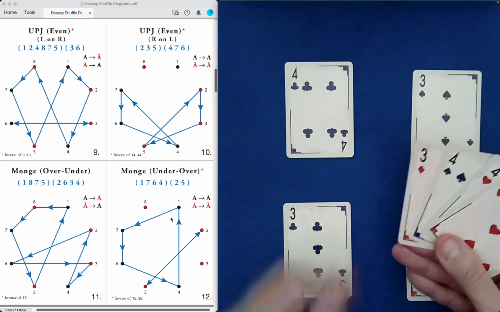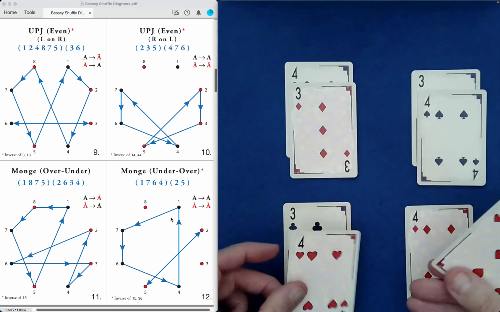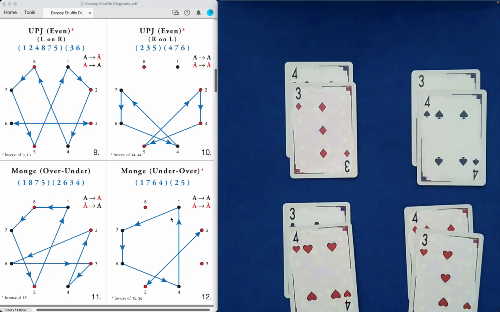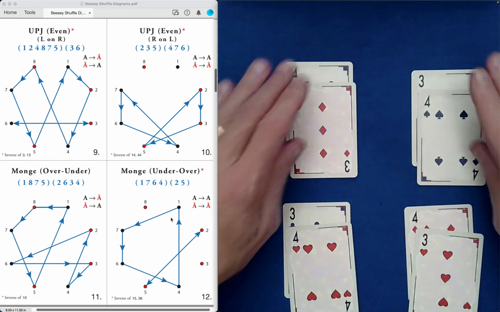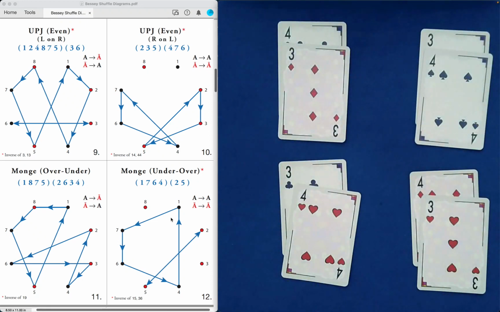Now I'll repeat that. Pile 1, pile 2, pile 3, pile 4. And you can see what's happened. What's happened is exactly what we wanted to happen. We're looking at pairs of cards whose values add to 7. And that's guaranteed to happen.